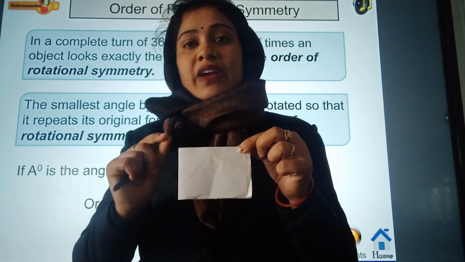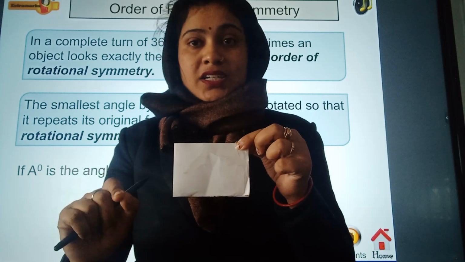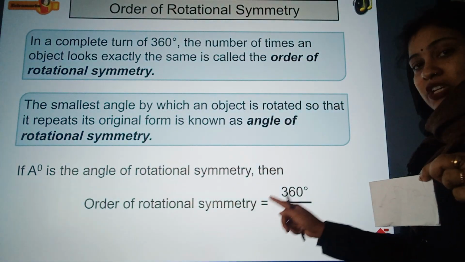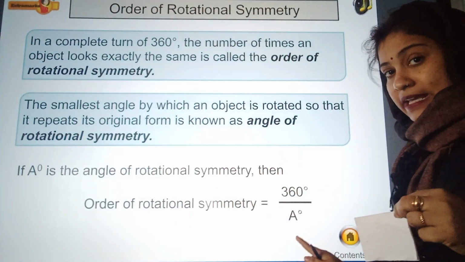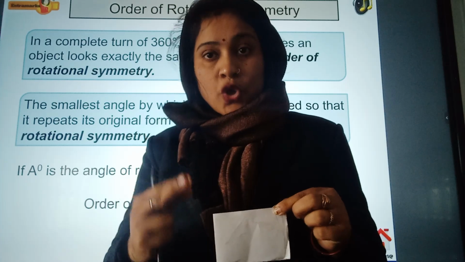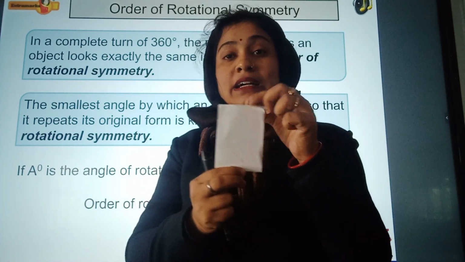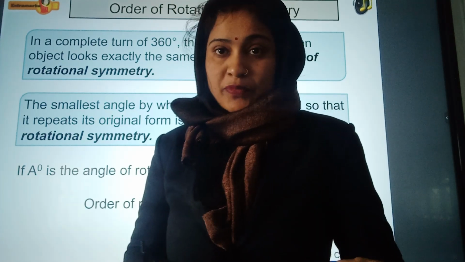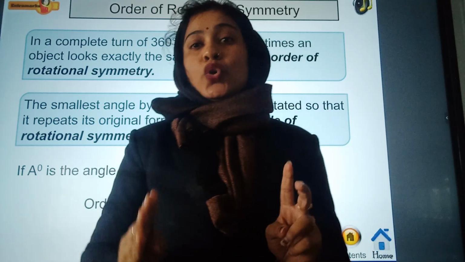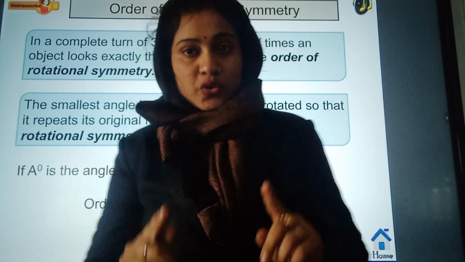Now in order to find the order of rotation, 180 degree is considered as a here. So 360 degree by 180 degree will give you 2. That means at 180 degree it will look exactly the same, and the other at 360 degree. So we have two particular angles at which the rectangle exactly looks similar to the previous one. So it has order of rotation 2.